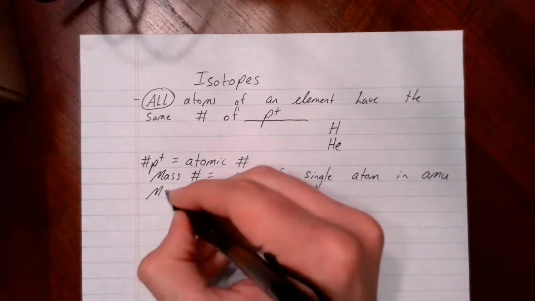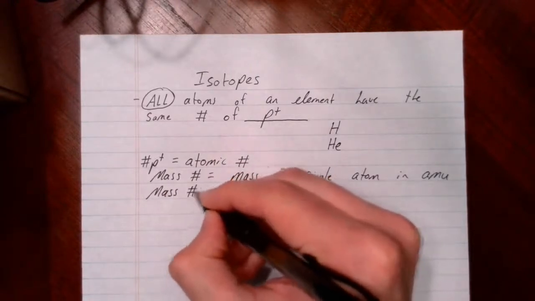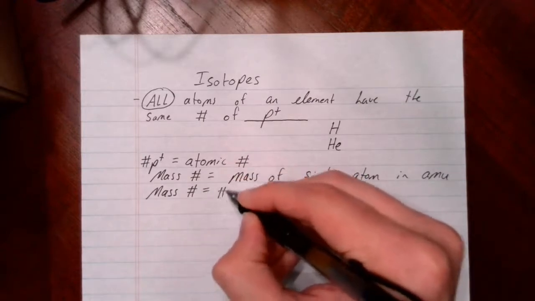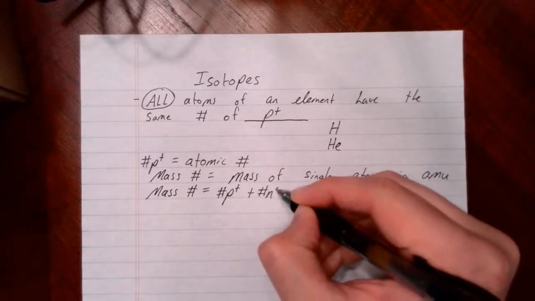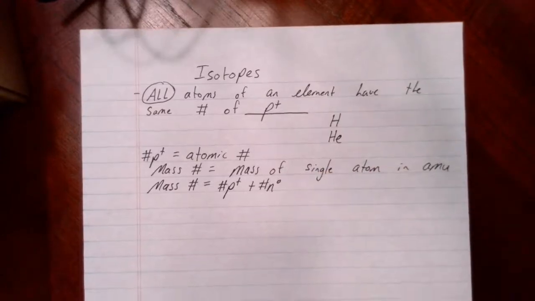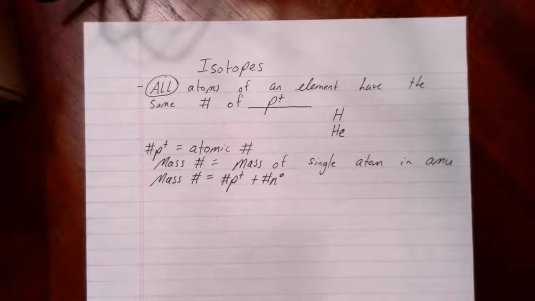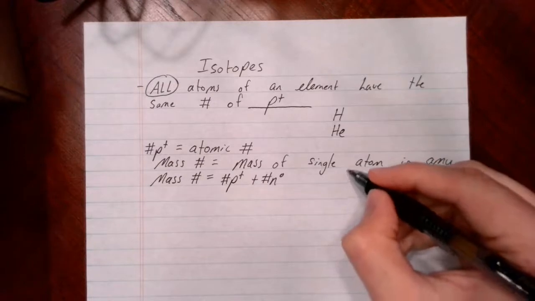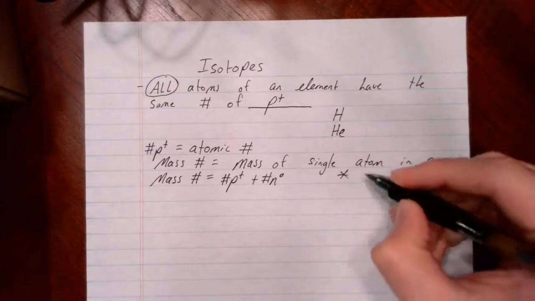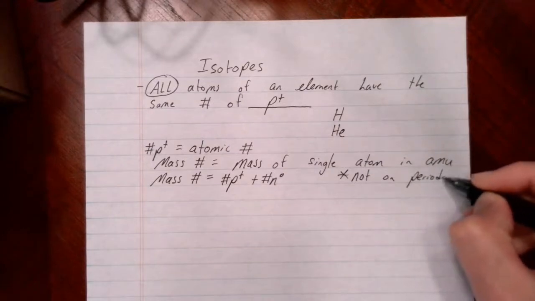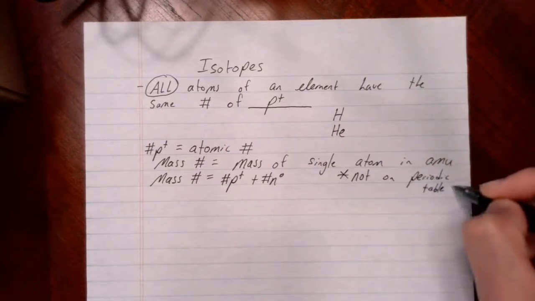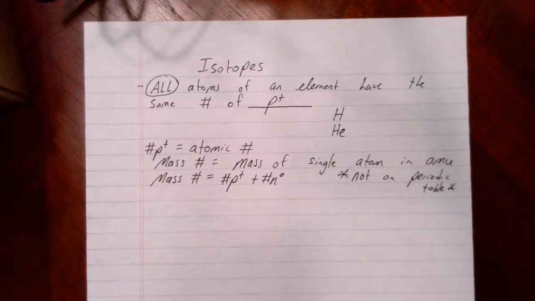So I can say that mass number is equal to the number of protons plus the number of neutrons. Remember that electrons have a very small mass relative to protons and neutrons, so we ignore those here. It is important to note that mass number is not on the periodic table. We'll discuss why in a little bit, and we'll discuss what mass actually is on the periodic table.